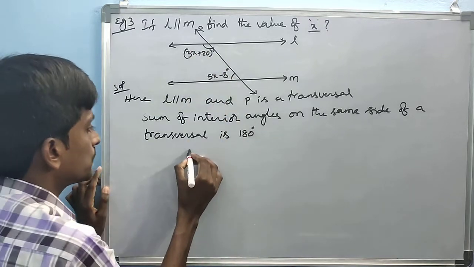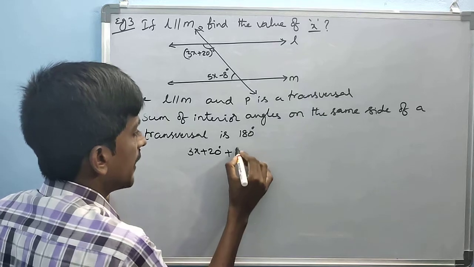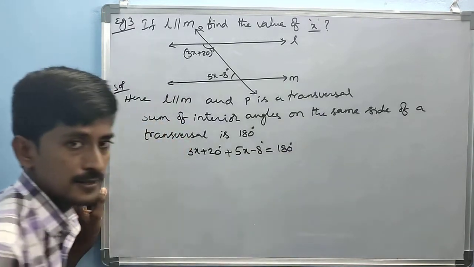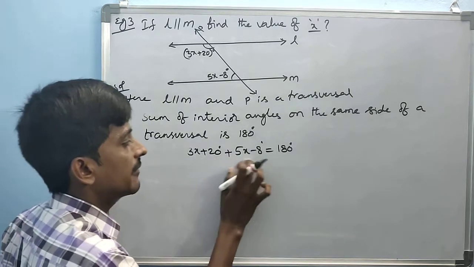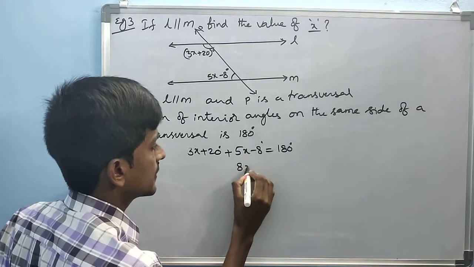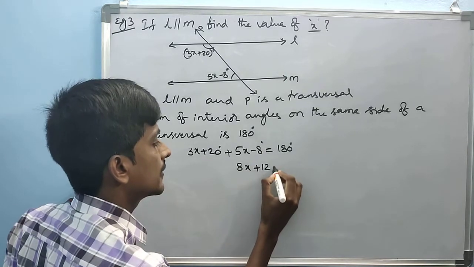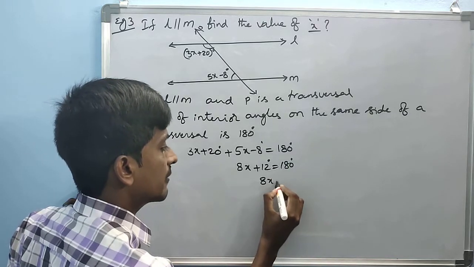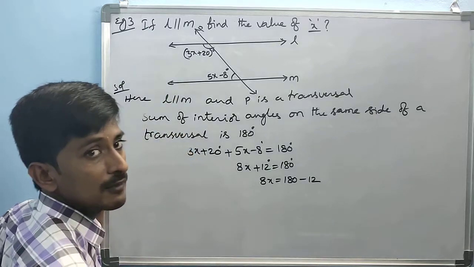So here 3x plus 20 degrees plus 5x minus 8 degrees equals 180 degrees. Here what are the variables? 3x and 5x. 3x plus 5x, how many x's? 8x. 20 degrees minus 8 degrees, 12 degrees, equals 180 degrees. 8x equals 180 plus 12 transferred to that side, minus 12.